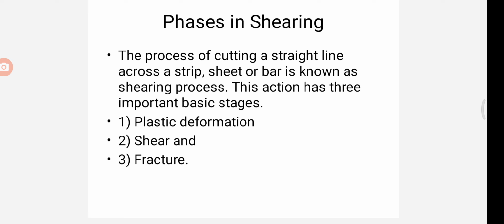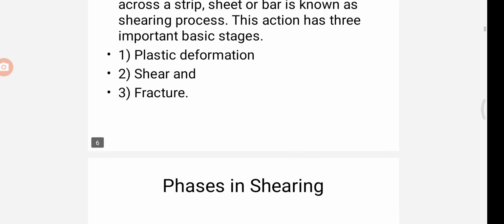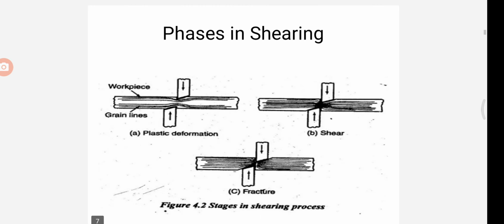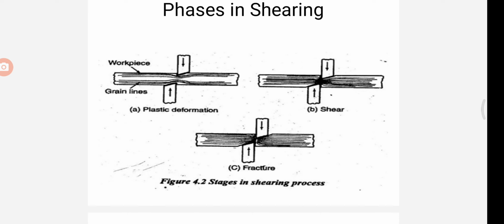So what is plastic deformation? In this diagram we can see the plastic deformation. When the blades begin to apply pressure, the workpiece will start to undergo elastic deformation. As the pressure increases, the workpiece will go under plastic deformation.